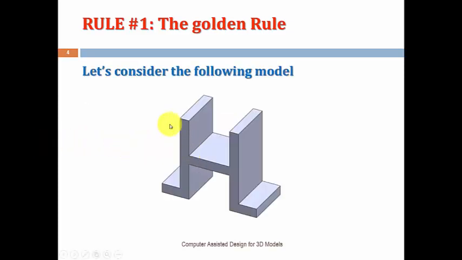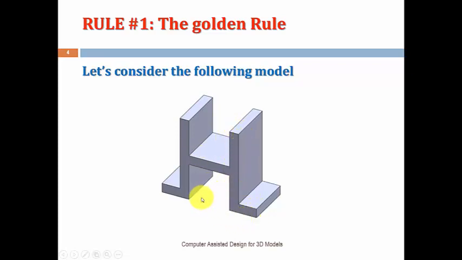Let's consider the following model. Let's say I want to create this model. According to rule number one, the golden rule, I'm going to sketch roughly the shape of the profile of the front view.